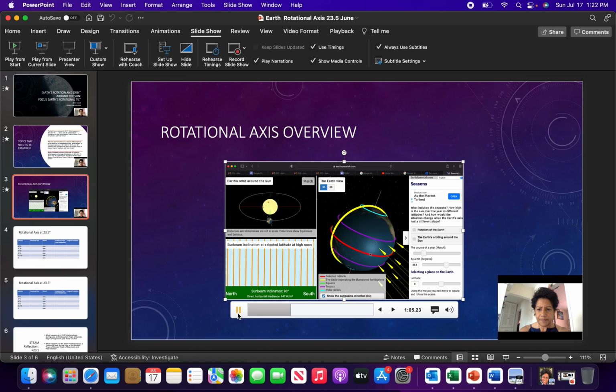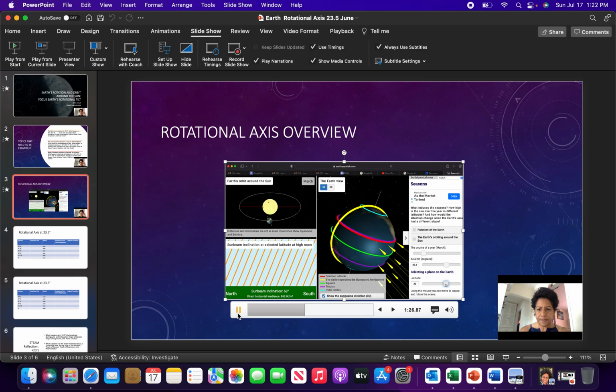Now, for the latitudes, as you go positive, and you can see this, it's in the northern hemisphere. As you go negative, you can see this, it's in the southern hemisphere. So now let's bring that up to 23. So we can see.